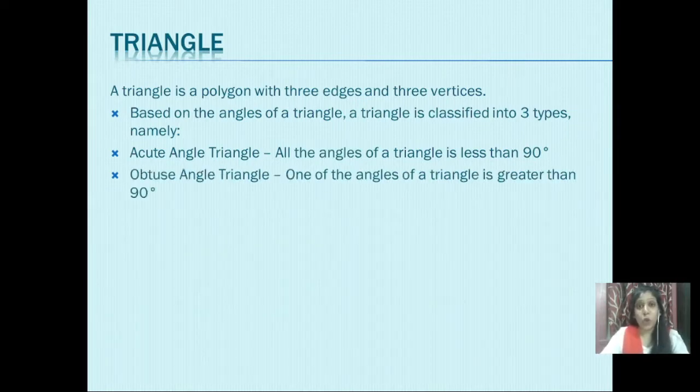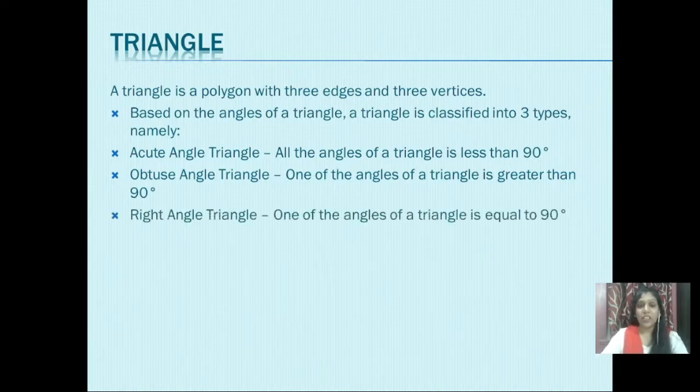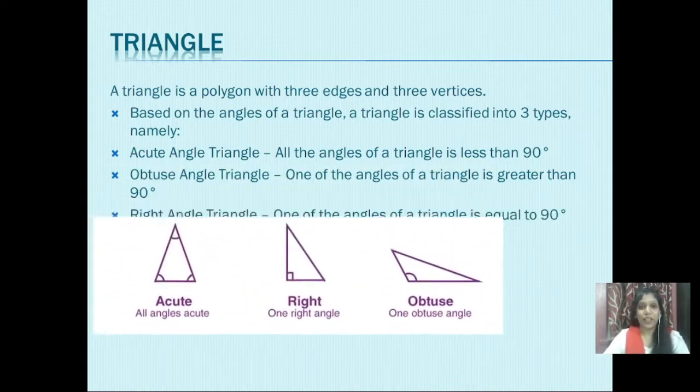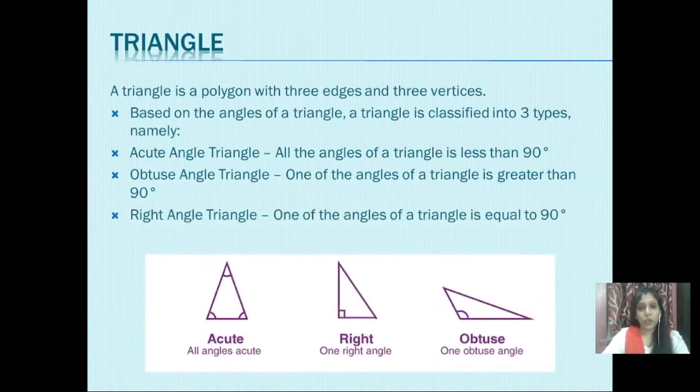The second is the obtuse angle triangle: one of the angles of a triangle is greater than 90 degrees. And the right angle triangle: one of the angles of a triangle is equal to 90 degrees. So these are acute, right and obtuse triangles. Correct, children? Now let us go to the second slide.